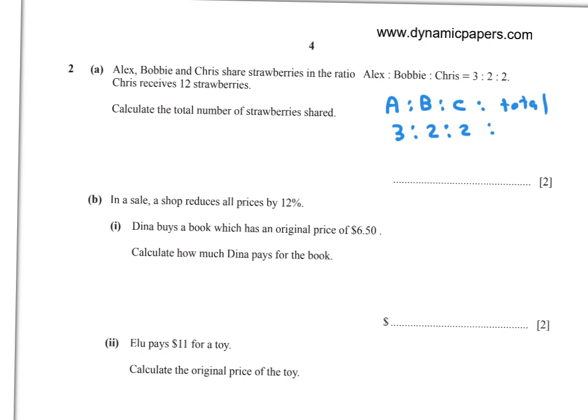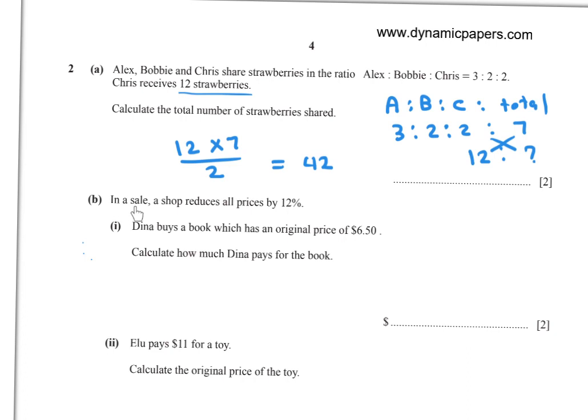Chris has 12 strawberries, so write 12 below Chris. The total number of parts is 3 plus 2 plus 2, so 7. Now to find the total number, cross multiply. So 12 times 7 divided by 2 equals 42.